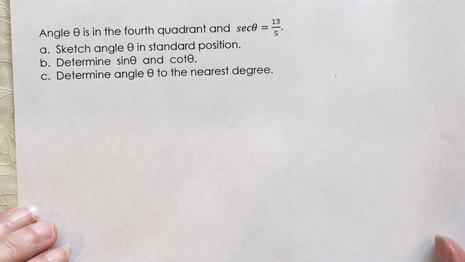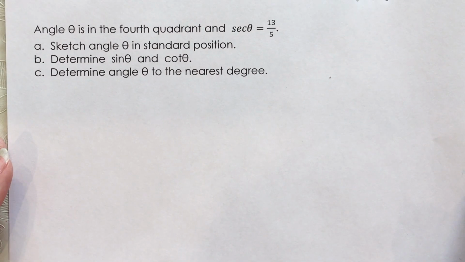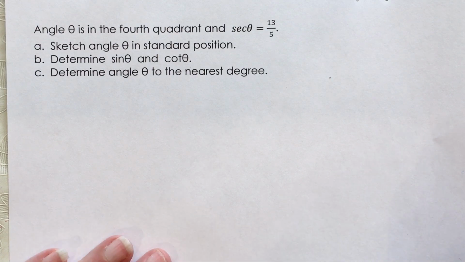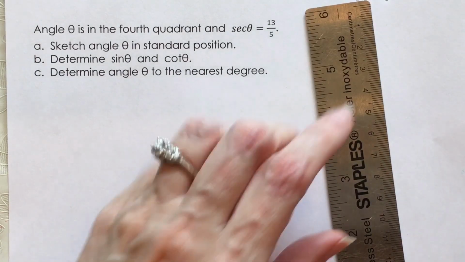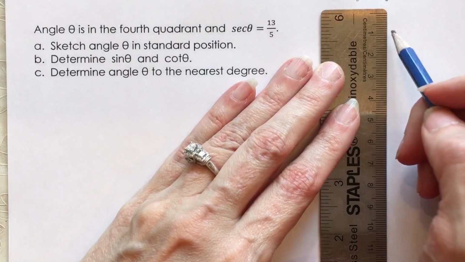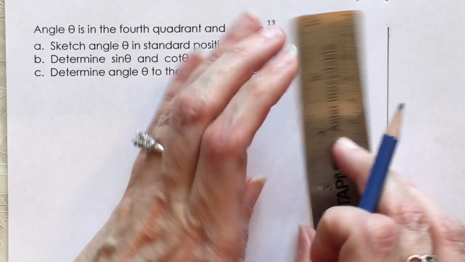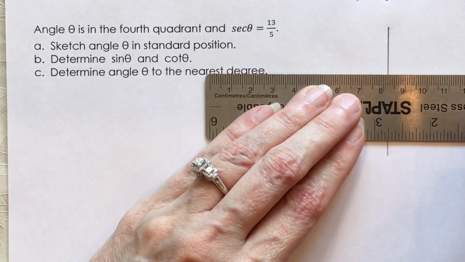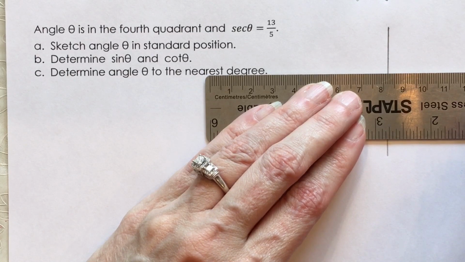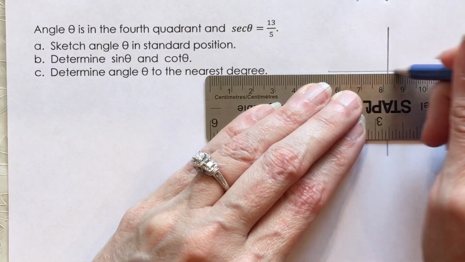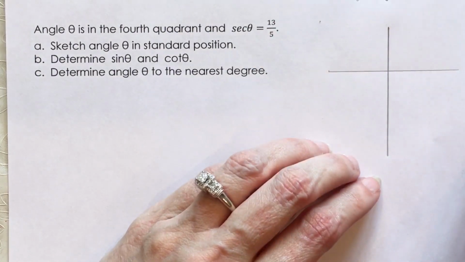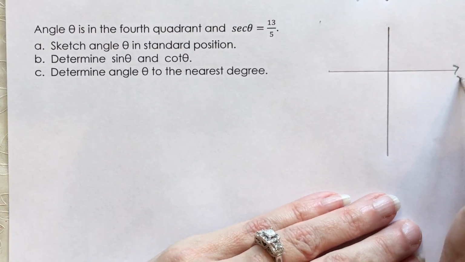Angle theta is in the fourth quadrant, and the secant of angle theta is 13 over 5. Sketch angle theta in standard position. Okay, so they did not give us a point this time. Instead, they gave us one of the 6 trig ratios, which we have to understand is a way of giving us information about x, y, or r, 2 out of the 3.